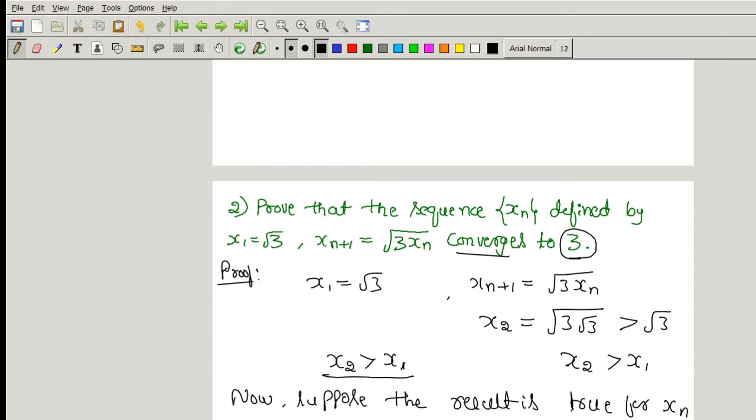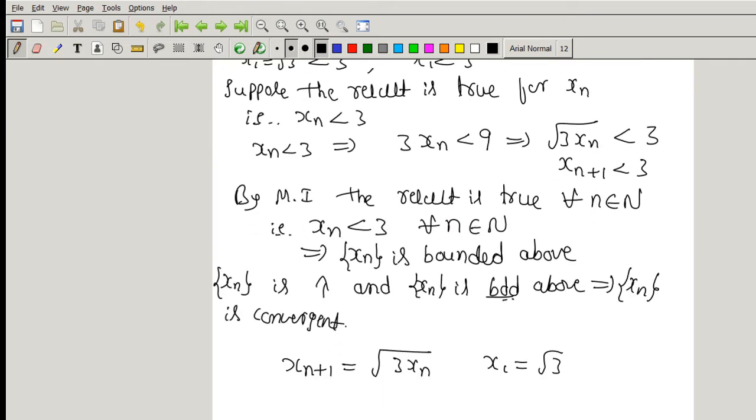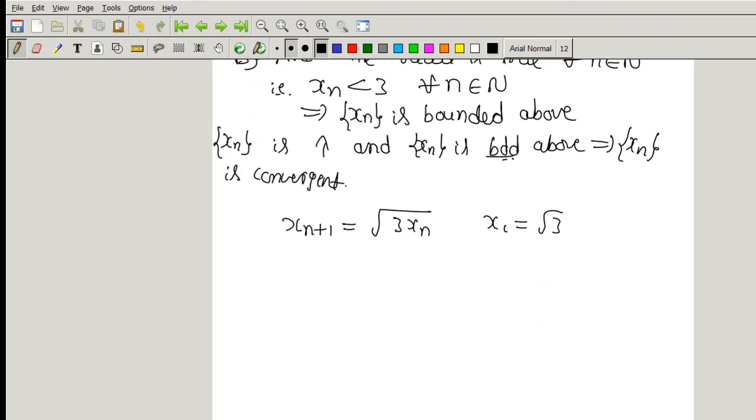Prove that the sequence xn defined by x1 equal to root 3, x(n+1) equal to root of 3 into xn converges to 3 itself. This converges to the least upper bound, and in fact the least upper bound here is 3.